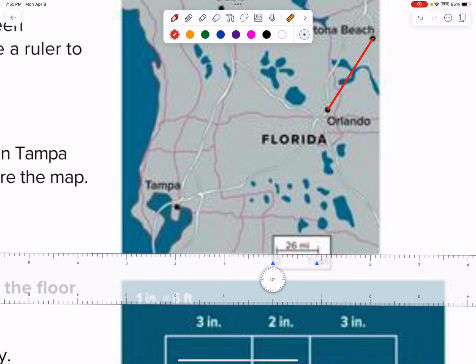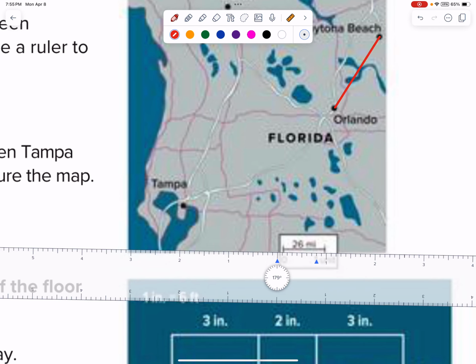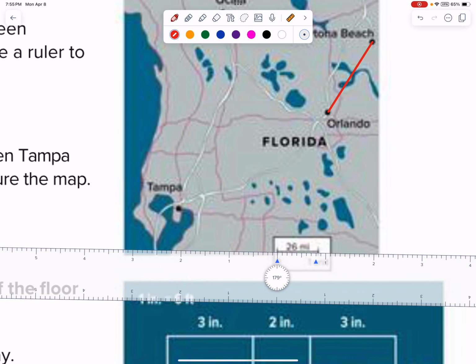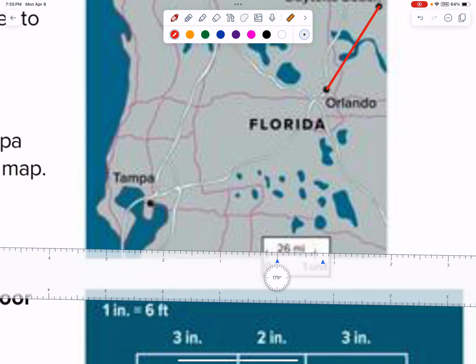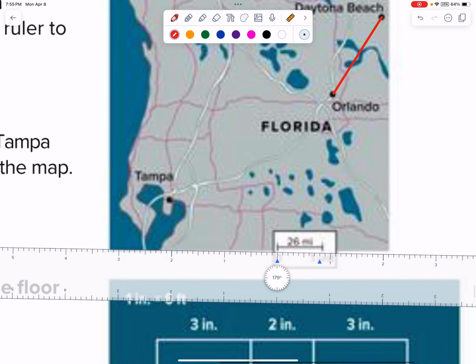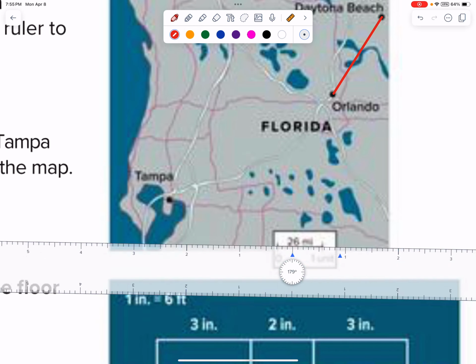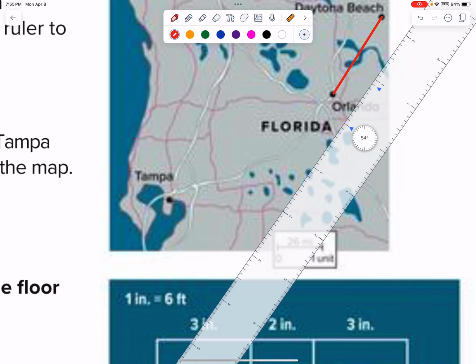That is 1 unit. There's our 1 unit right there, and it's pretty close to the mark. So 1 unit, let's see what this is.